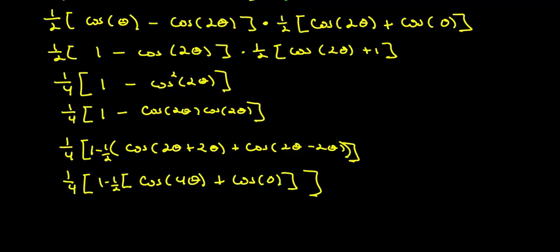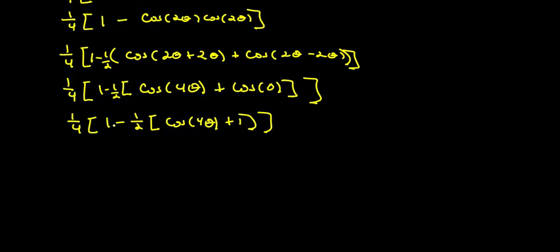Okay, so what have we got? We've got 1/4 times 1 minus. Now the cosine of 0 is 1. So a half times the cosine of 4 theta plus 1. So let's see here.